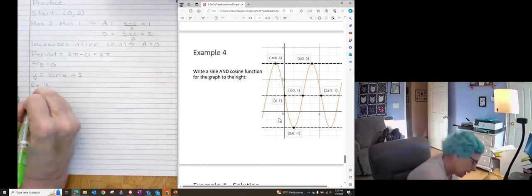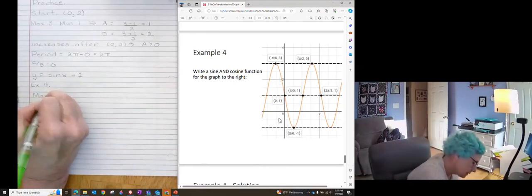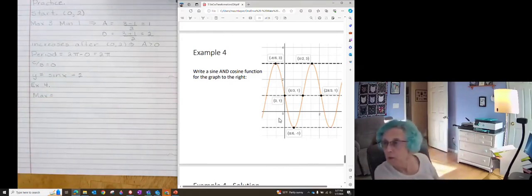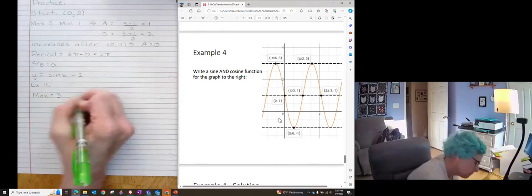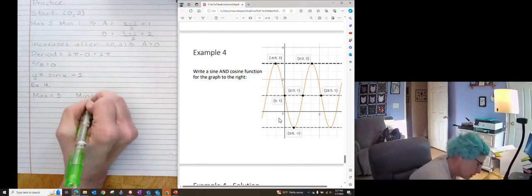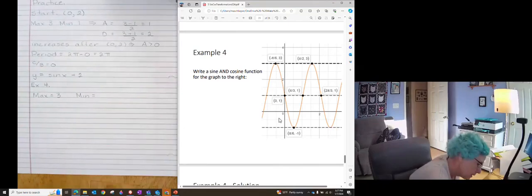We'll look at our max. The y-coordinate of our max is 3. The y-coordinate of our min is -1.